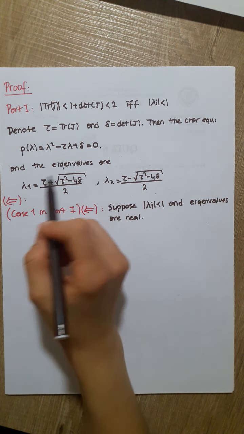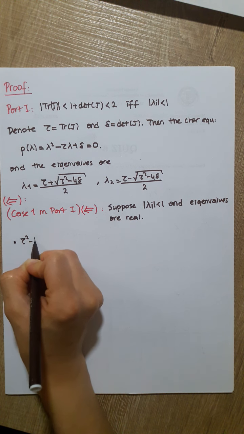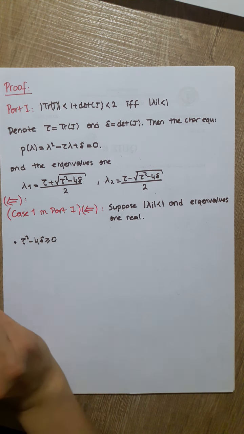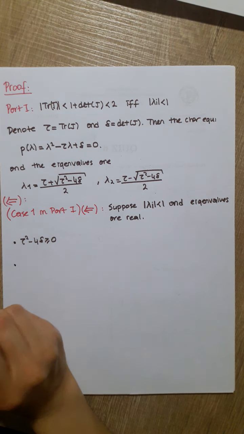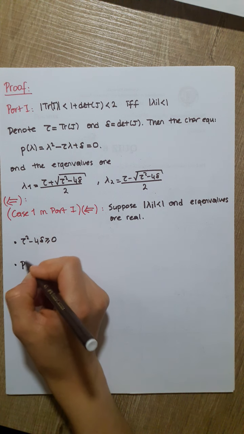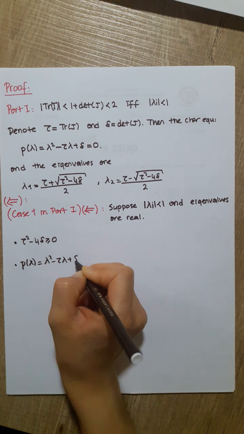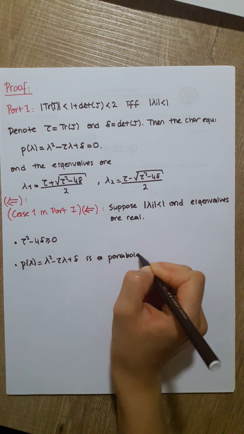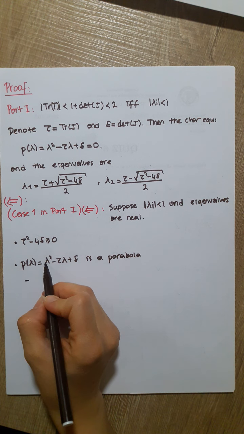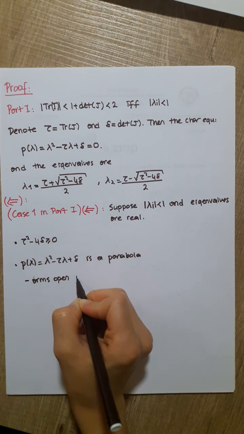Now let's look at the formulas. If they are real, first of all we know that tau squared minus 4 delta is greater than or equal to 0. On the other hand, if we analyze the P lambda here, this is a parabola, and because the coefficient of lambda squared is 1 and it is positive, arms open upwards.